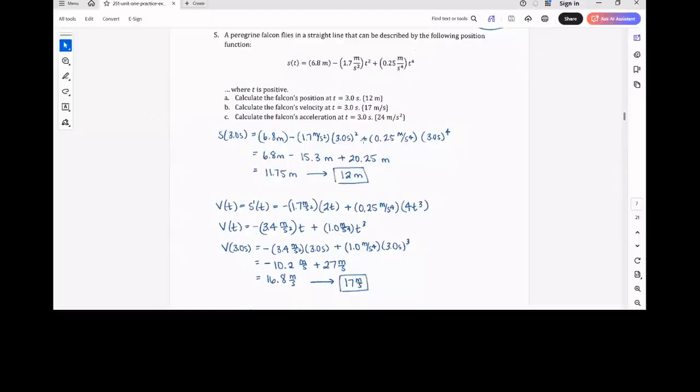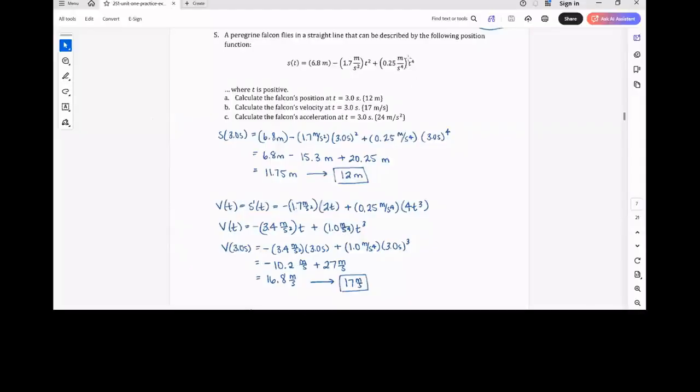And to answer B and C, I need to take derivatives. So one derivative of the position function is going to give me a velocity function. So v as a function of t is equal to s prime of t. That is 1.7 meters per second squared, and this t squared now means I need to multiply 2 times t to the first power.